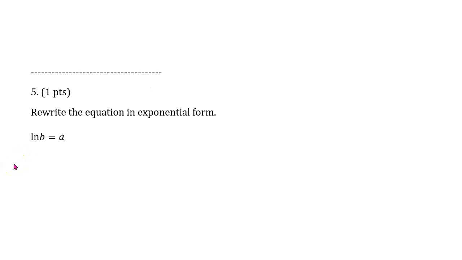Rewrite the equation in exponential form. This has ln. Remember that when you have ln, which is sometimes handwritten with a cursive L, this means that the base is always going to be e. E is a special number like pi, and it's called Euler's number.